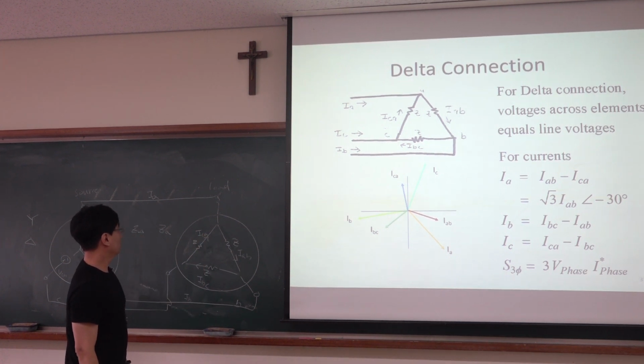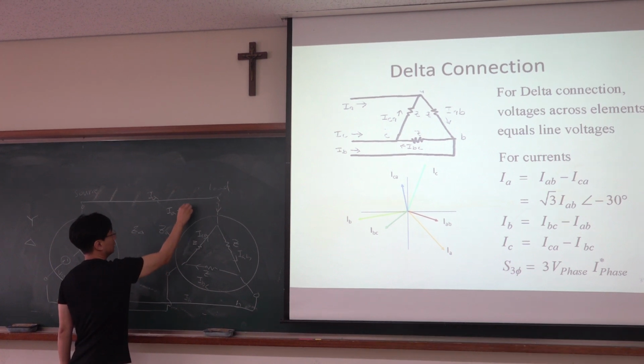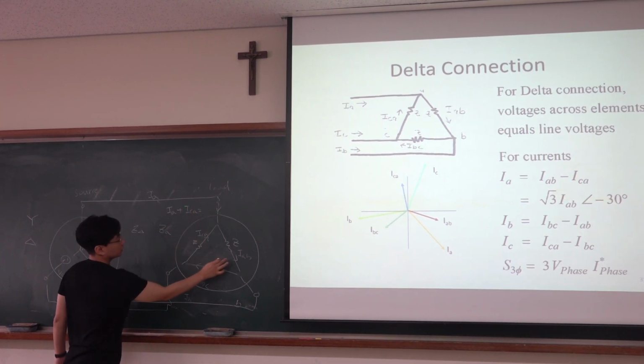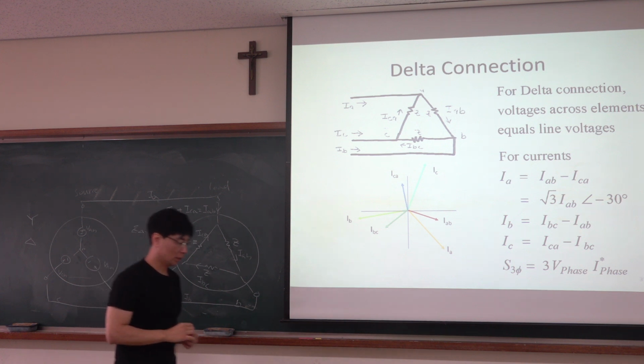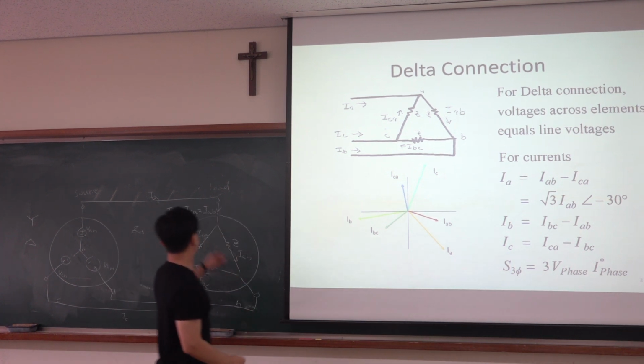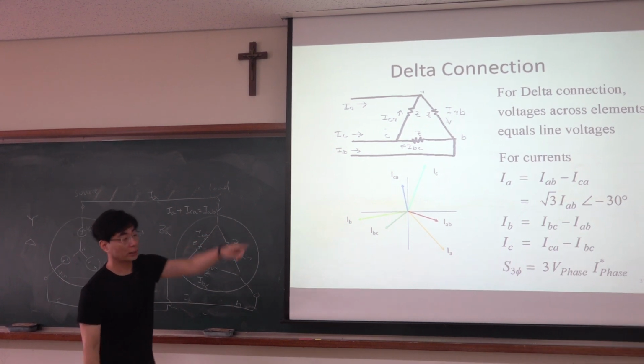And then IA plus ICA equals IAB by Kirchhoff's current law, or IA equals IAB minus ICA, right?